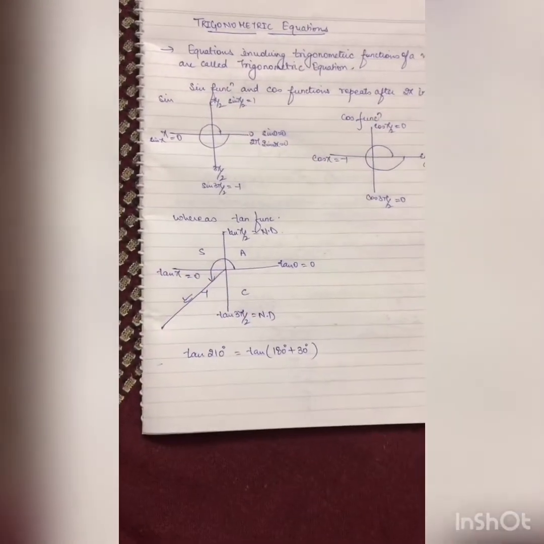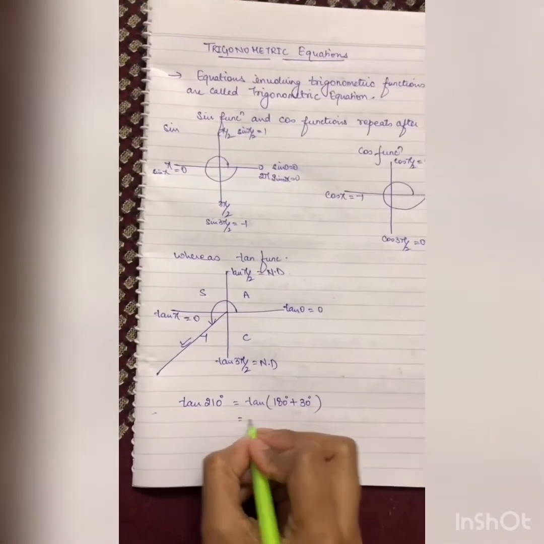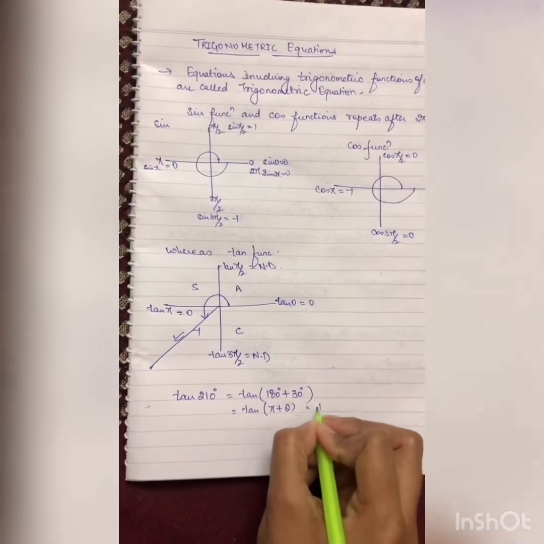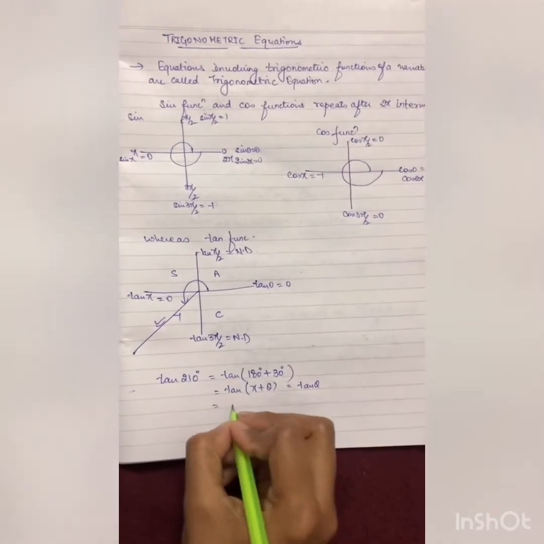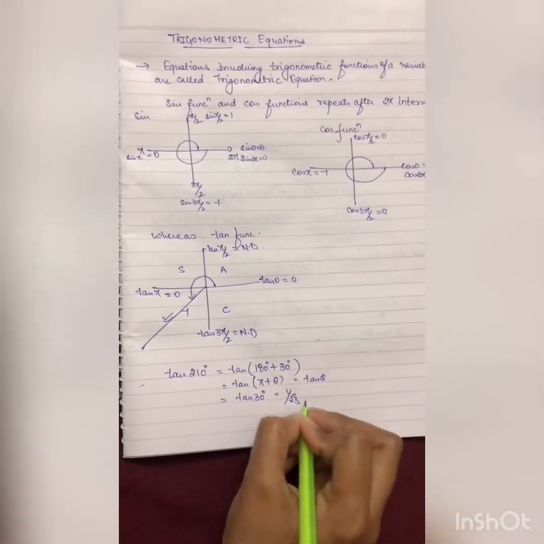What is tan of pi plus theta? It is equal to tan theta. Third quadrant tan is positive. So it is tan 30 degree, which is 1 by root 3.